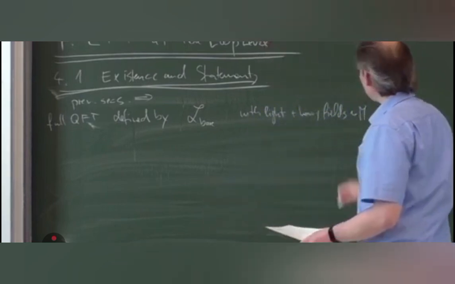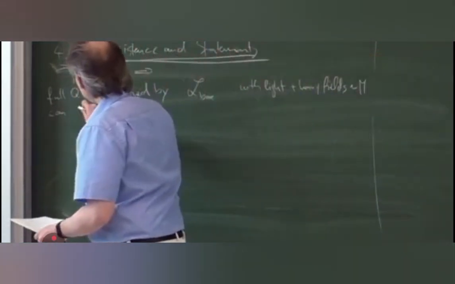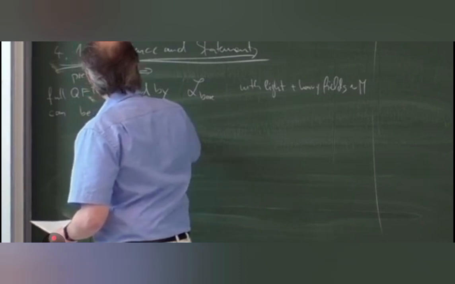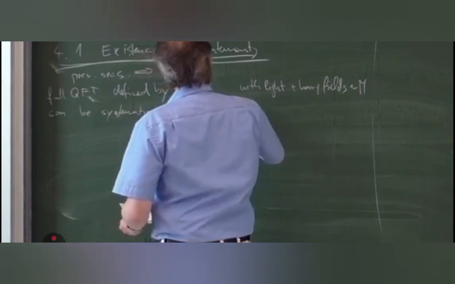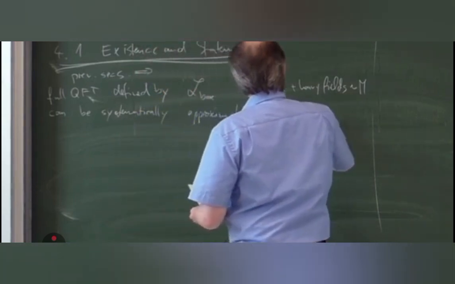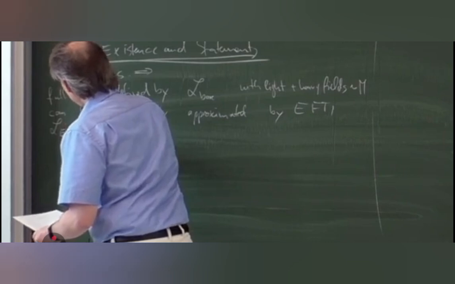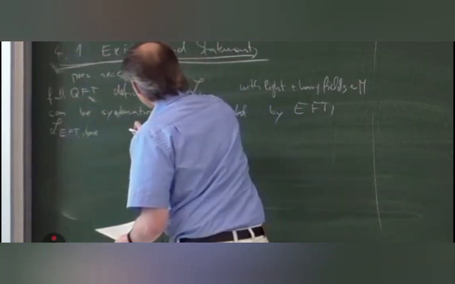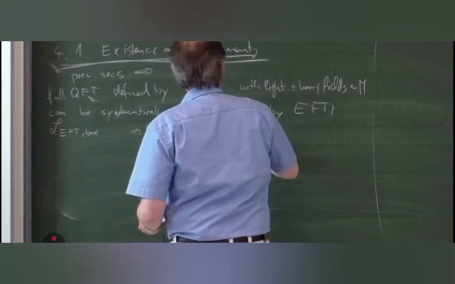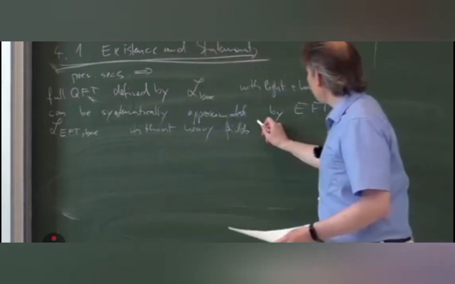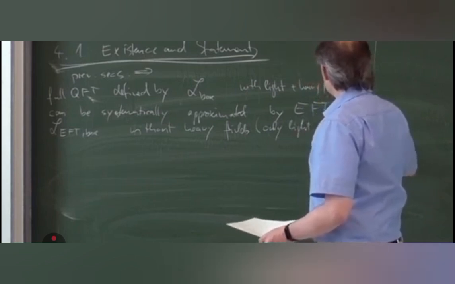And the heavy fields have a mass proportional to some heavy scale capital M. Such a quantum field theory can be systematically approximated by an EFT which is described by a Lagrangian L_EFT, also in general a bare Lagrangian, which does not contain the heavy fields, but which contains only light relevant degrees of freedom.